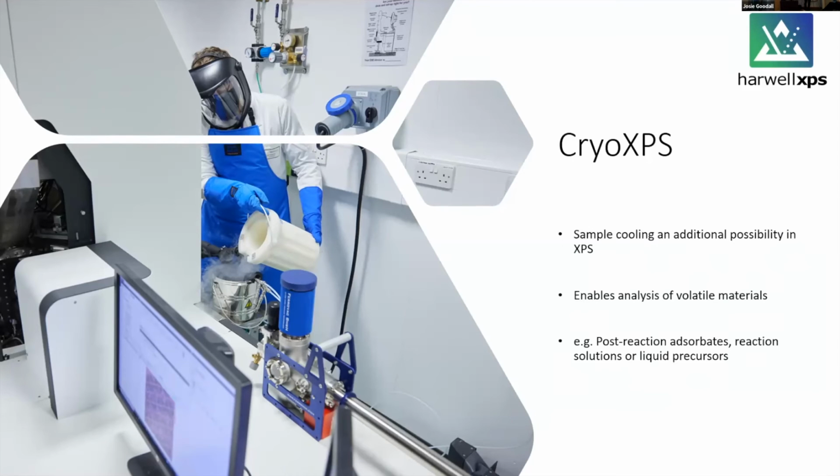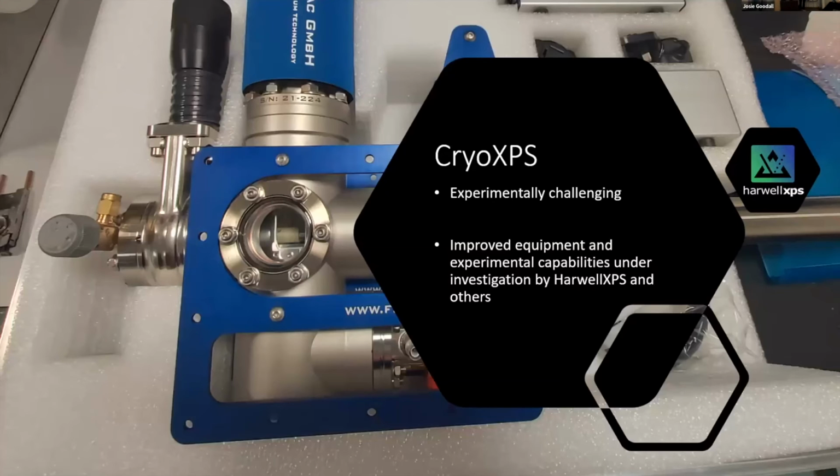And it does enable you to analyze things like volatile materials. For example, if you've got post-reaction catalysts and you want to look at residues on the surface, or even reaction solutions, liquid precursors, that kind of thing, provided the volatility is compatible with the experimental setup. And the main progress is going to enable you to study those in detail.